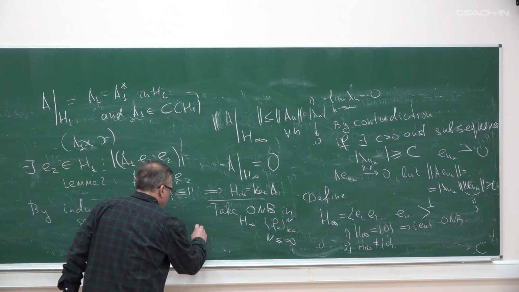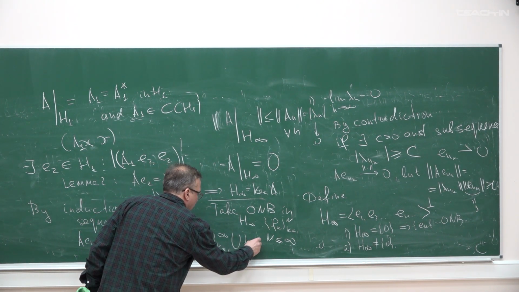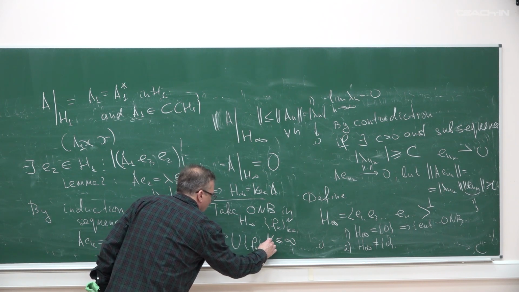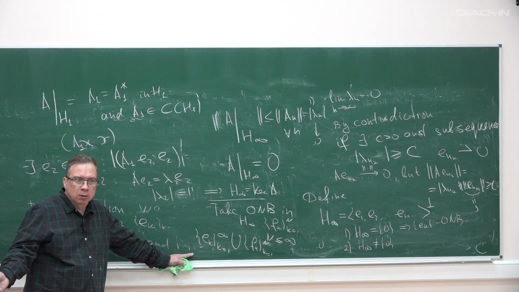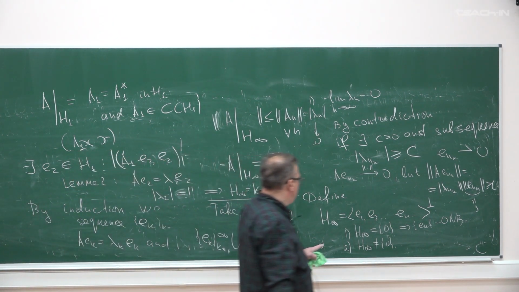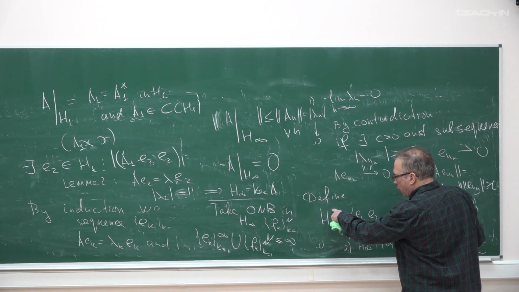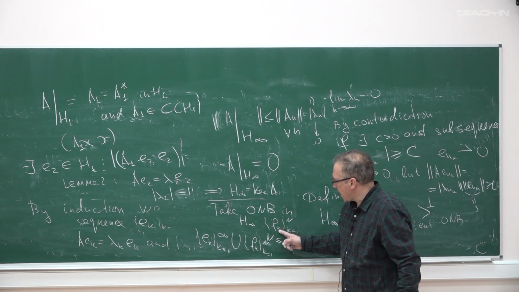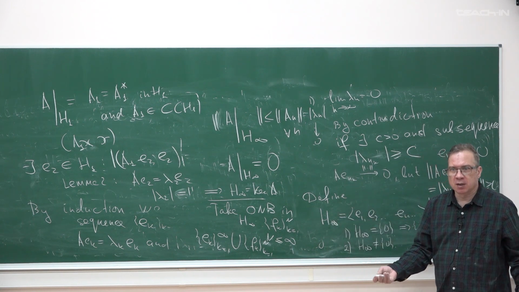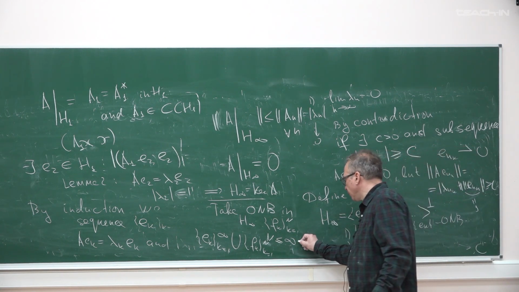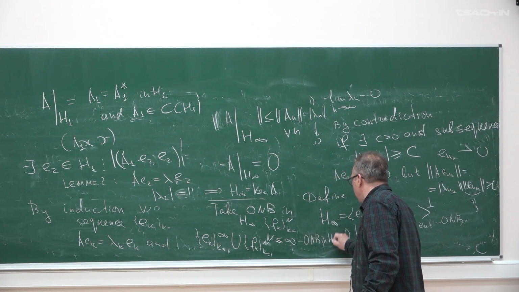And then Ek, k from 1 to infinity, together with the basis Fk in the kernel, gives us what? Ek is an orthogonal basis in the orthogonal complement of H infinity, and Fk is an orthogonal basis in H infinity. Together it is an orthogonal basis in the whole space H.